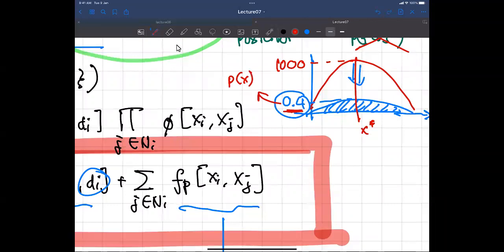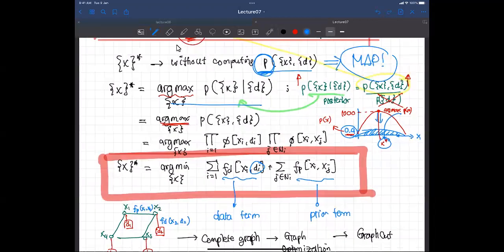And argmax means that you just want to find the max. This is argmax of P(x). Argmax of P(x) gives you x star. Is that clear? Okay. Good question actually. So then I have the opportunity to explain the details in this case.